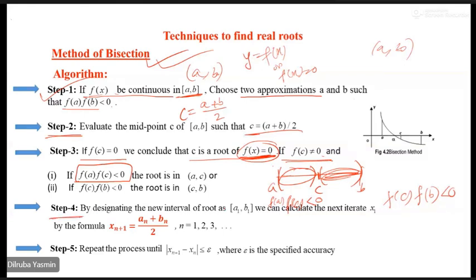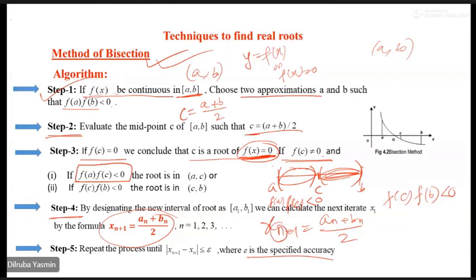Here you can easily do some iteration, because you have to check the iterative formula. This one, x suffix n plus 1 is equal to a_n plus b_n divided by 2, and this n should start from 1, remember.